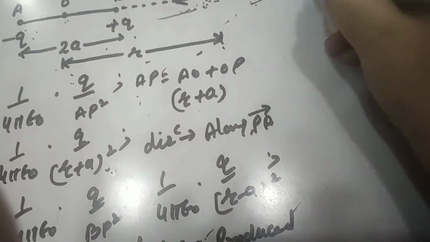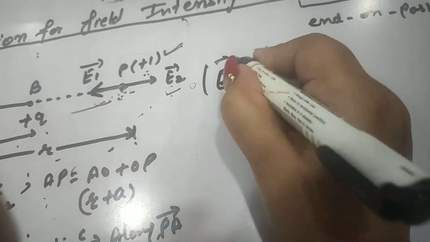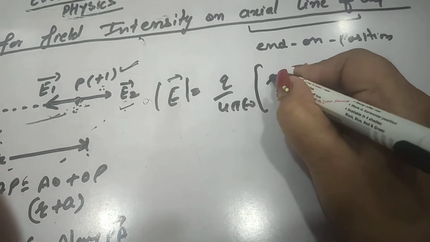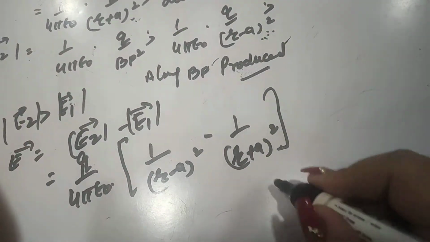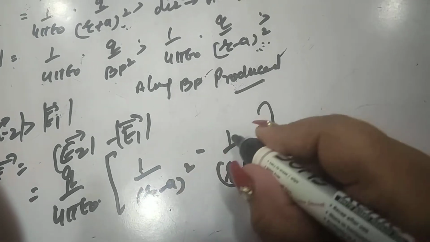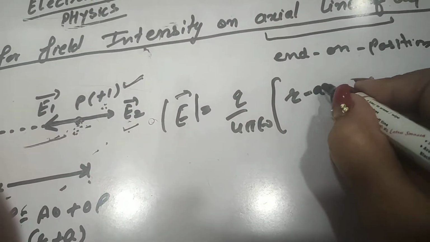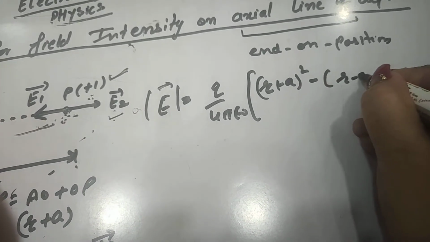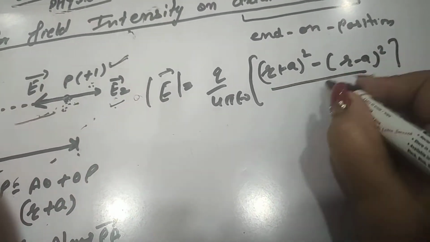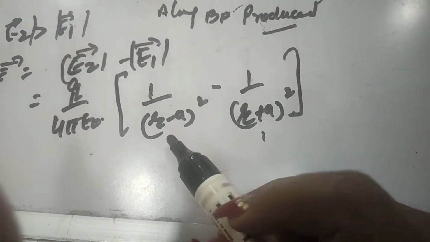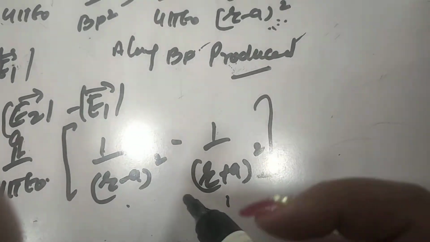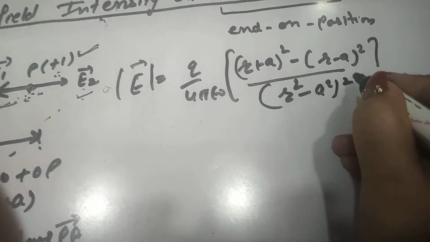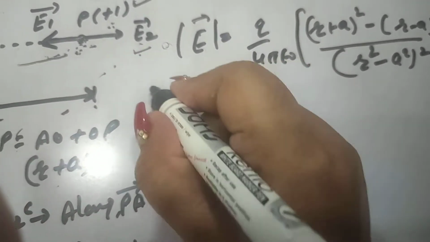Now when we solve it, E comes out to be q upon 4 pi epsilon naught, times (r plus a) whole square minus (r minus a) whole square, divided by, taking the LCM, (r square minus a square) whole square.